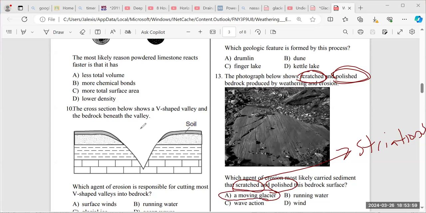So that's something that you have to remember. Sediments deposited by a glacier will show scratches called striations. It could be polished, and it could also be jagged and angular, as well as unsorted. These are all characteristics of sediments that have been transported by a glacier.